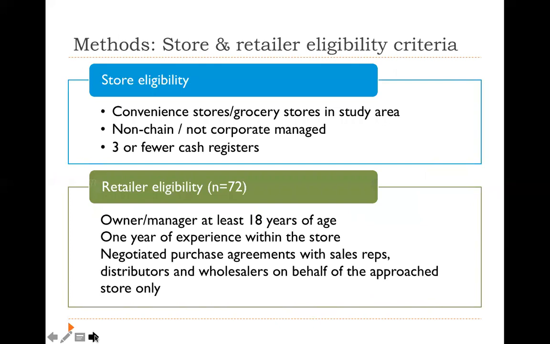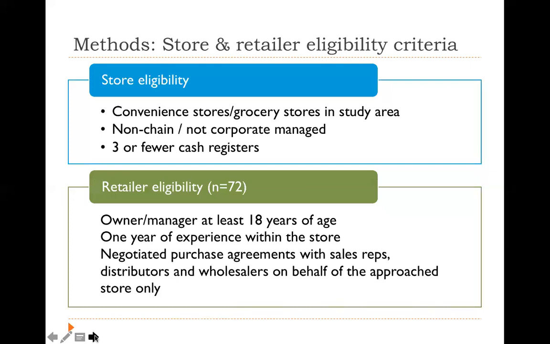And for our methods, we recruited retailers of small food stores in 4 cities: Baltimore, Minneapolis, St. Paul, San Diego, and Durham, North Carolina. Stores were eligible if they were convenience stores or grocery stores, if they were not chain or corporate managed, and if they had 3 or fewer cash registers in order to define a small store.